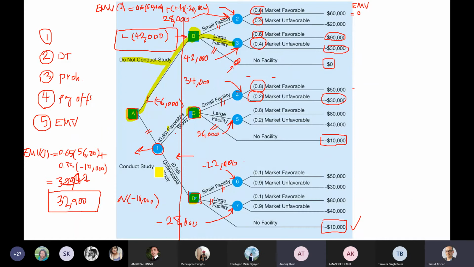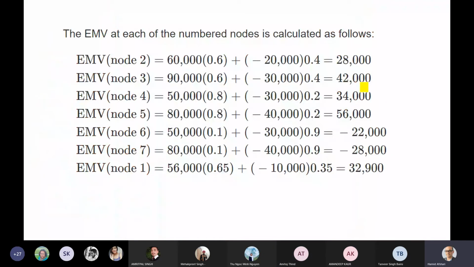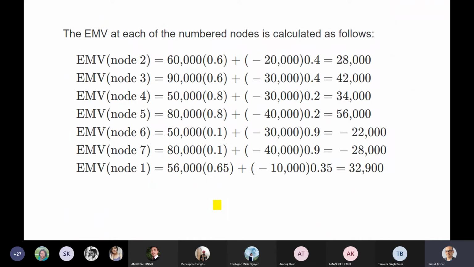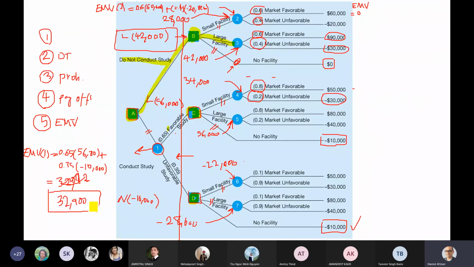Okay, perfect. So as you can see, all the calculations are here. The expected value of sample information is equal to $32,900, which is the best value here.